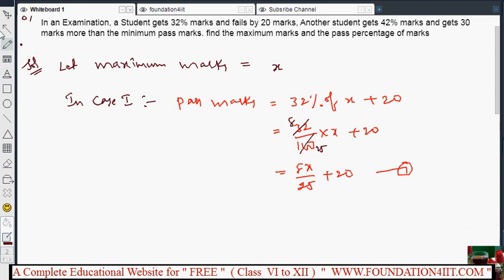Now second case, if you observe, another student gets 42% marks, but he got 30 marks more than the minimum pass. So 30 will be subtracted. In case 2, pass mark. In both cases, the pass mark only I am finding now. So pass marks is 42% of x, but he got 30 marks more. So if I subtract 30, there is nothing but pass mark.